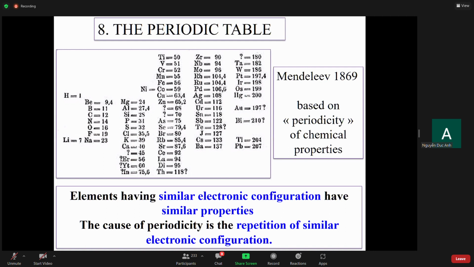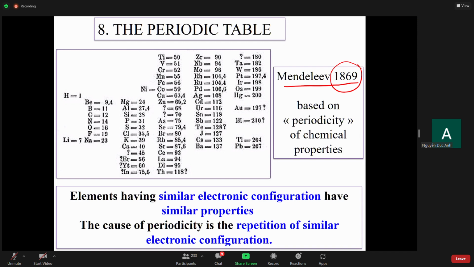Now let's move to the periodic table. Before this, the very famous Mendeleev. People knew there were several kinds of elements and were trying to set them in a table, in a box, but they could only group them by some similar properties, and could not explain why they had similar properties. So Mendeleev based his table on the similar properties of the elements.